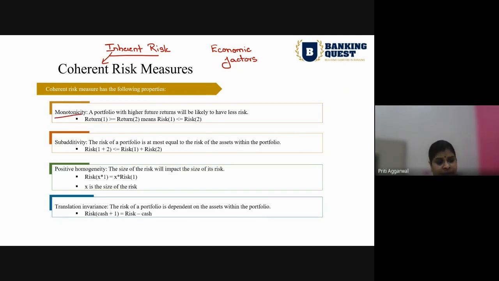So there are different properties of coherent risk. One is monotonicity. That means a portfolio with higher future returns will be likely to have less risk, right? Monotonicity means that if the returns of one portfolio are greater than or equal to the returns of a second portfolio, the risk of the first portfolio will be less than the risk of the second portfolio.